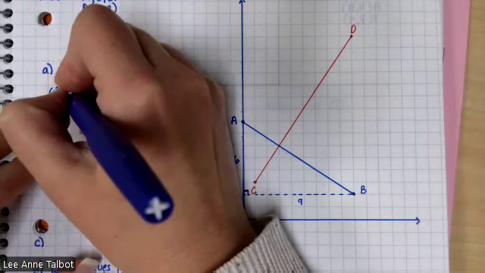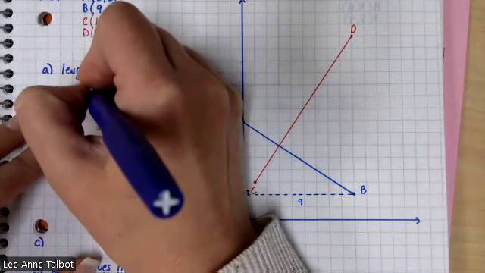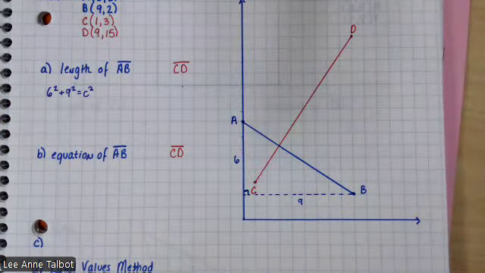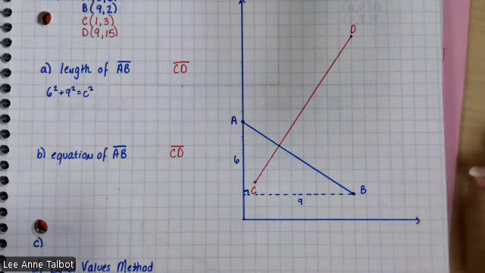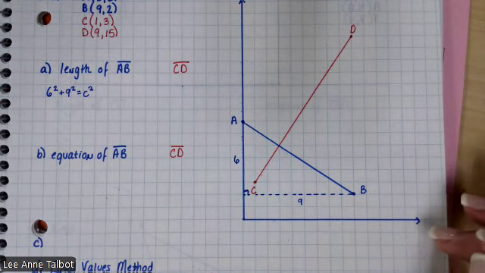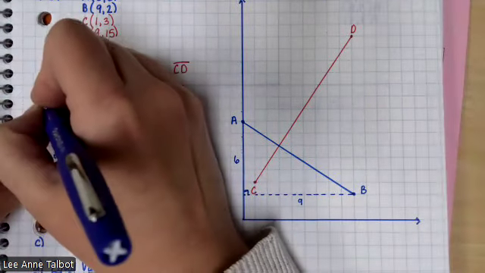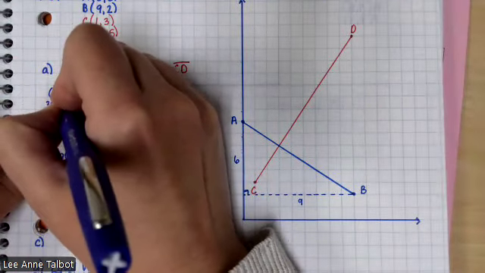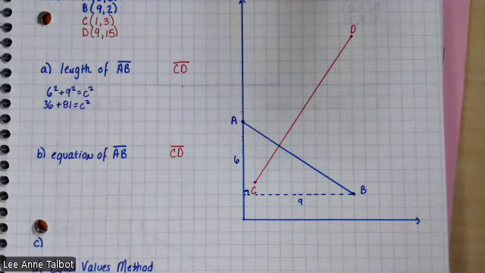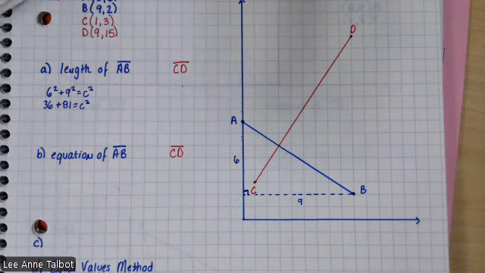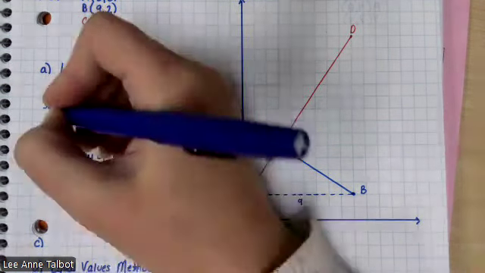Okay. 6 squared plus 9 squared equals C squared. So I just turned this from a segment into a Pythagorean theorem problem, which is great. 36 plus 81 equals C squared. And what is 36 plus 81? 117.